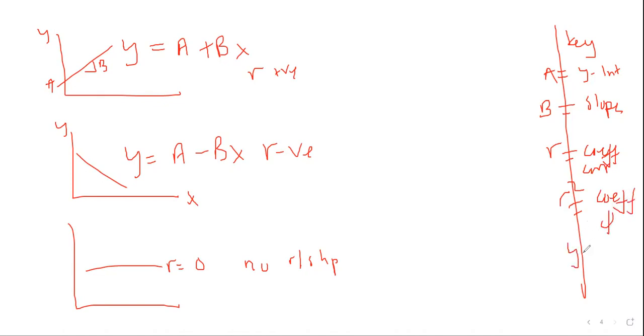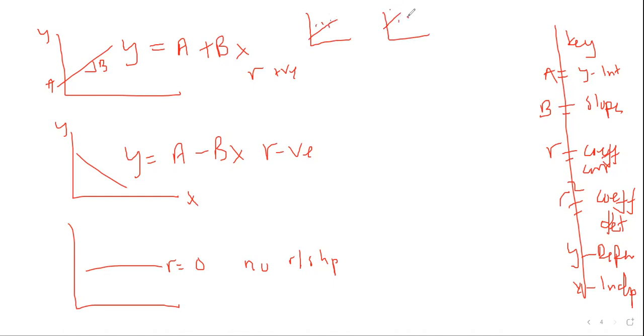Y depends on X, so Y is the dependent variable and X is the independent variable. The R squared tells you, as the coefficient of determination, how much Y depends on X. Relationships can be strong or weak. It's positive here, but strong if the dots are close to each other.